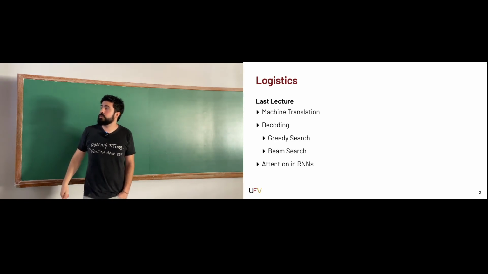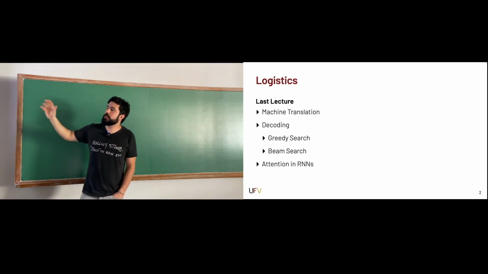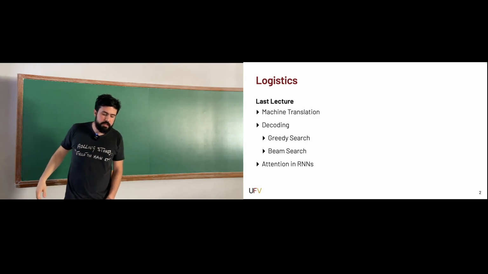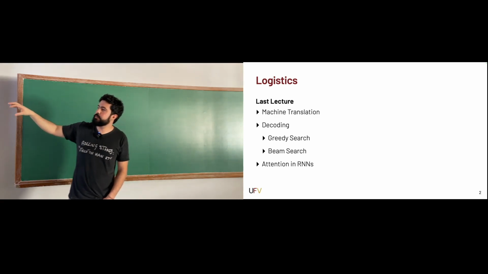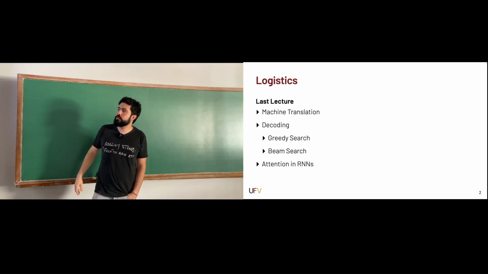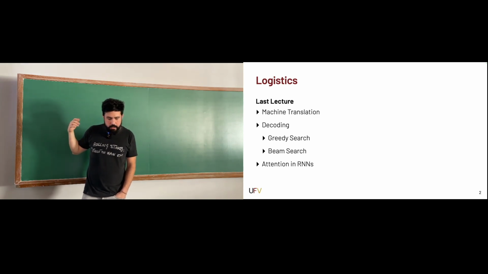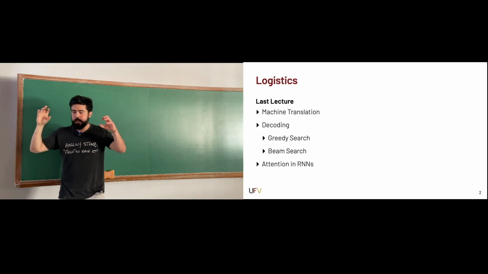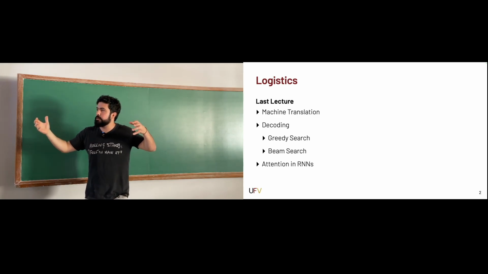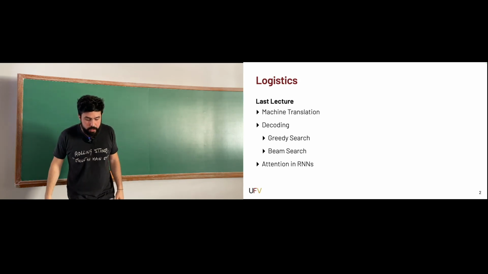And then we saw also how to decode these seq-to-seq models. We saw greedy search and beam search as two methods to do that. And then we talked about attention per se. We saw that idea of creating the context vector by multiplying the hidden states by alpha weights. Okay.